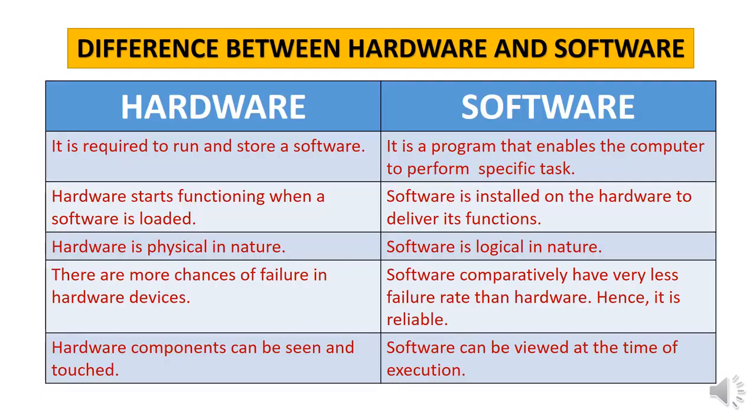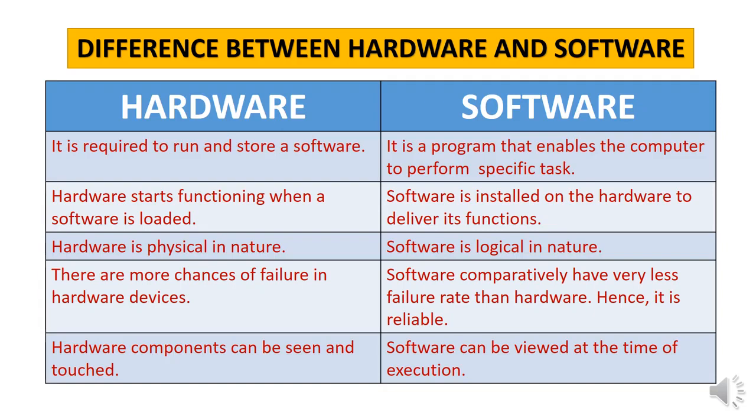Let us talk about the difference between hardware and software. Hardware is required to run and store a software. Let us say we have an operating system program called Windows 10. Now it is with us in a pen drive or in a DVD. Now we need either a laptop or a desktop to install this program to run.